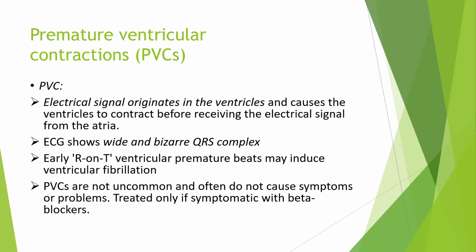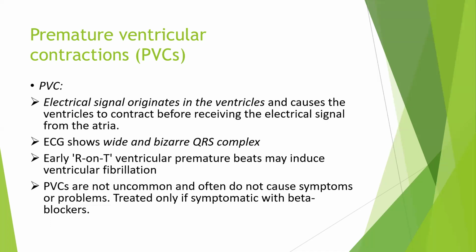Premature ventricular contractions: the electrical activity originates from the ventricles and causes the ventricles to contract before receiving the electrical signal from the atria. Remember, we said the SA node, then the AV node, then you have your bundle of His.